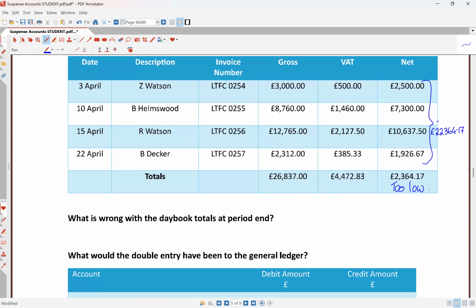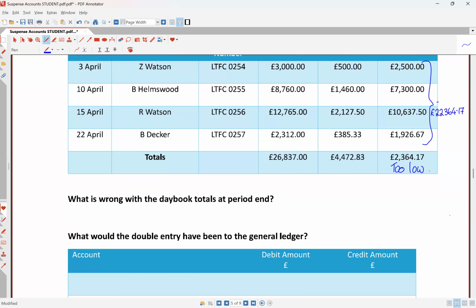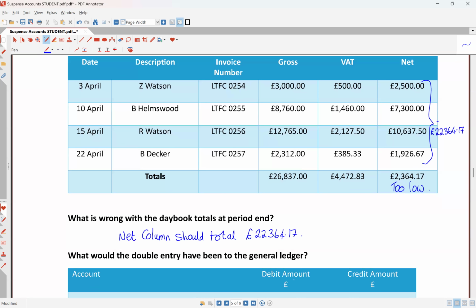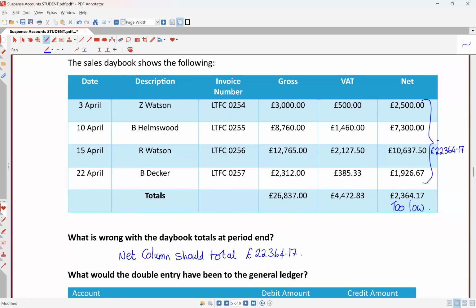That's where that figure comes from. So what's wrong with the daybook totals at period end? Well, the net column should total 22,364 and 17 pence.